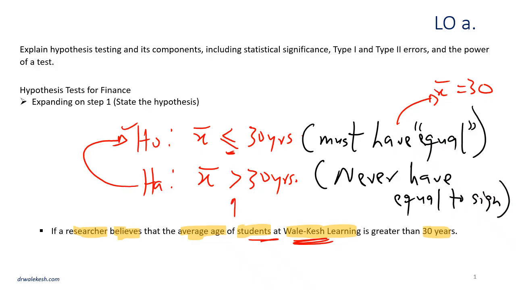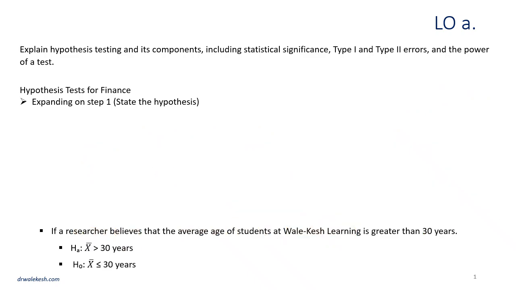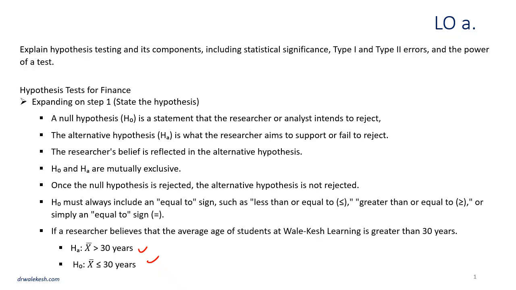There is no equal to sign here, or it could be something of this nature, X bar is not equal to 30 years. So I'm sure this makes sense to us. So I want to believe we can move on.